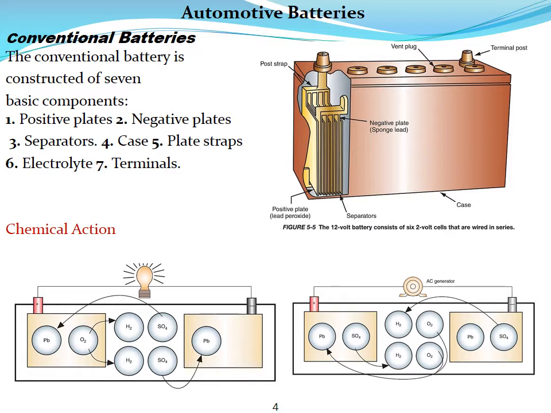The hydrogen H2 combines with the sulfate to become sulfuric acid again, H2SO4. The oxygen combines with the positive plate to form the lead peroxide. This now puts the plates and the electrolyte back in their original form and the cell is charged.